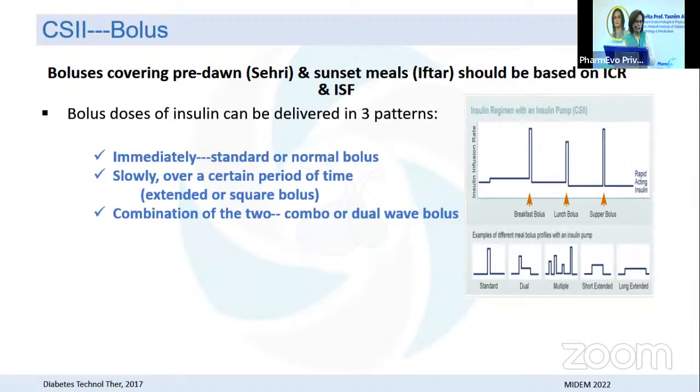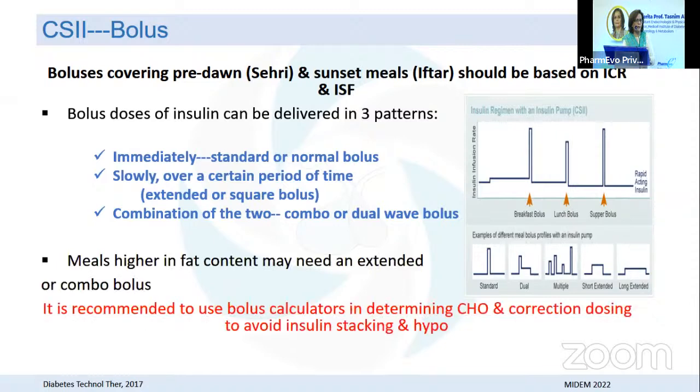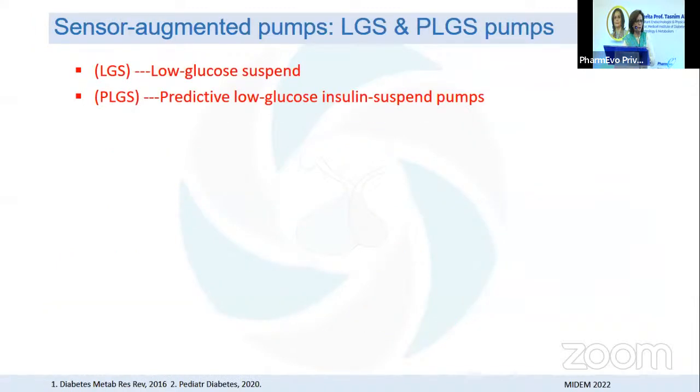It is recommended to use bolus calculators. Like I told you, they're available for correcting the dose of insulin. I'm not going to talk too much about this, but the newer pumps, the hybrid pumps, which are now coming with the sensor, and the sensor and the pump are talking to each other, and the pump has an inbuilt artificial intelligence-driven algorithm.